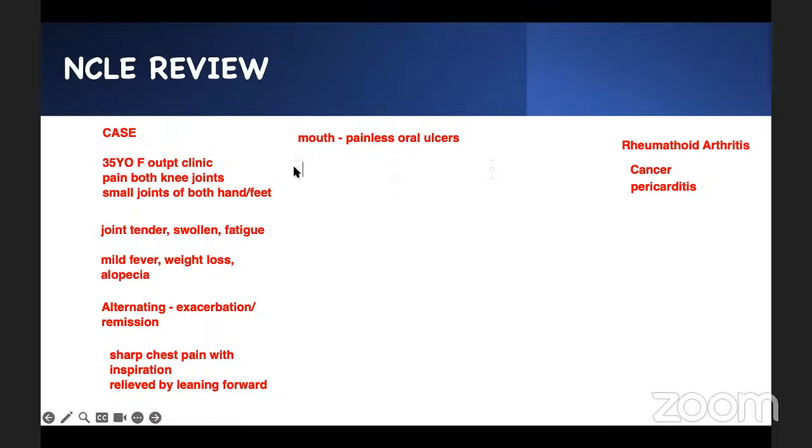And the LPN said, well, there is no joint deformity that she can see, but the patient has pain. Flat, raised rash on the malar surface of the face.